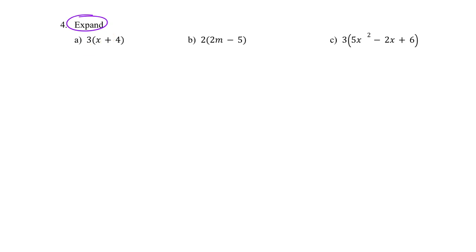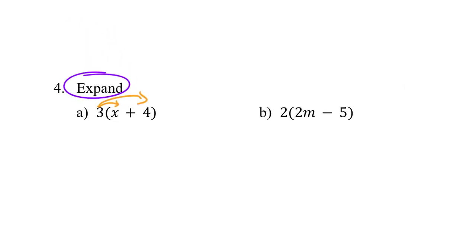And so for us to multiply, we need to make sure we multiply the 3 times everything inside the brackets. Those brackets really make that x plus 4 one big thing. So if it says take 3 and multiply it by that big thing, we have to make sure that we multiply it by all parts of it.